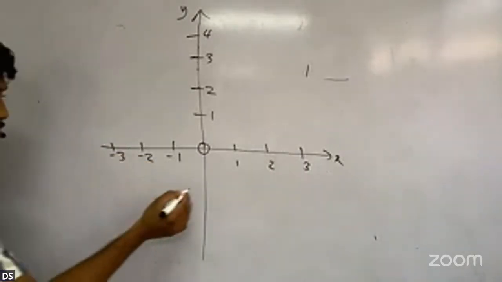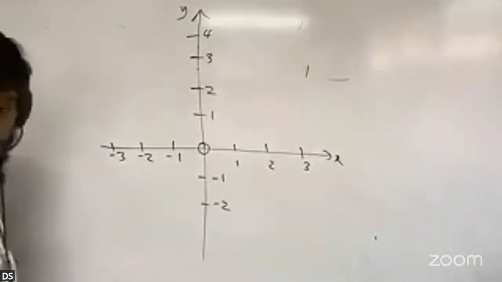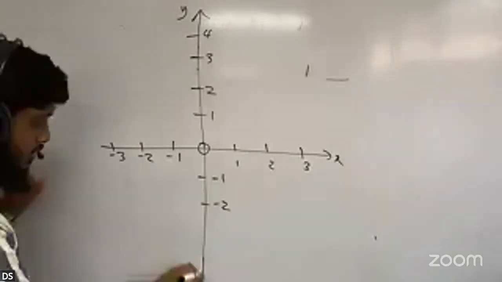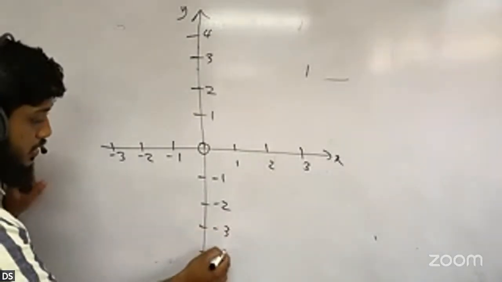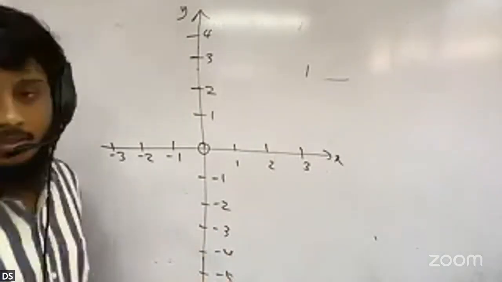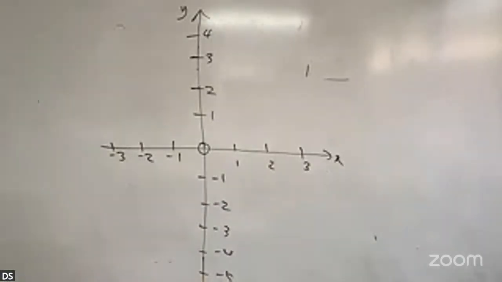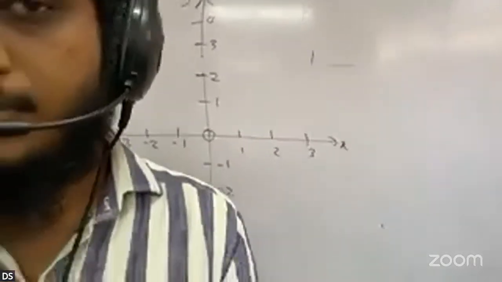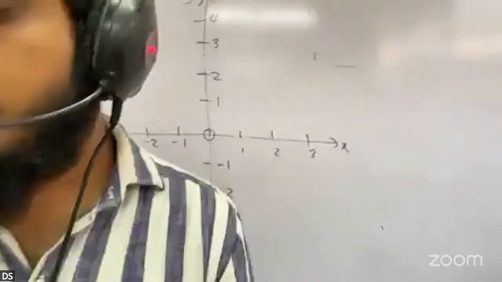And this one will go -1, -2. This will go up to -5: -2, -3, -4, and -5. Right. Now you have to mark these points. That is okay. Correct. You have to draw with the pencil.